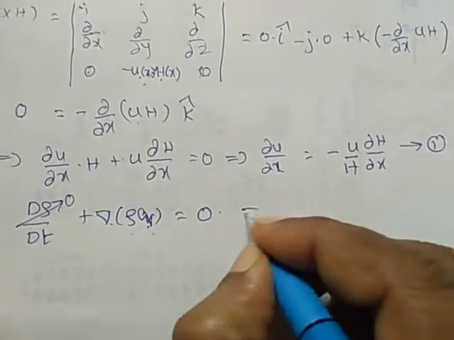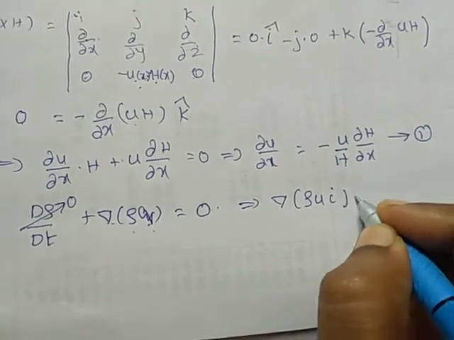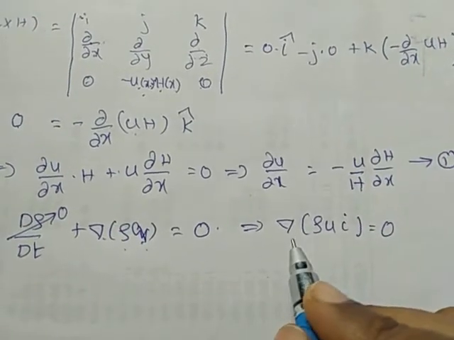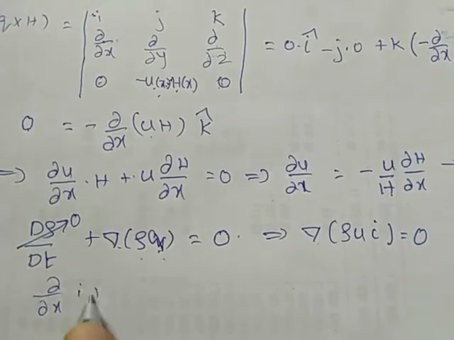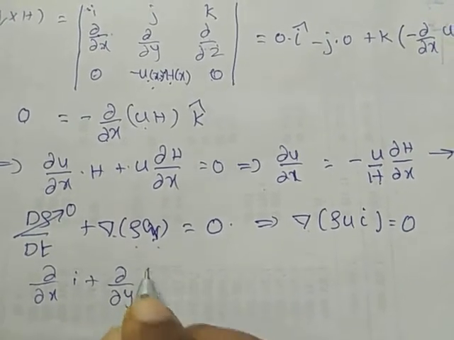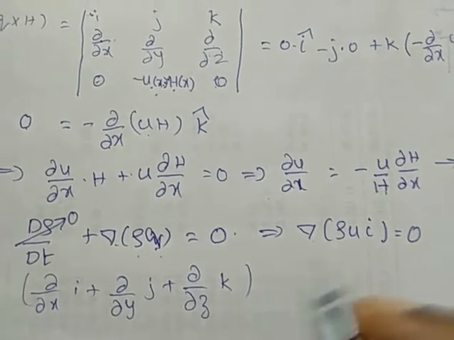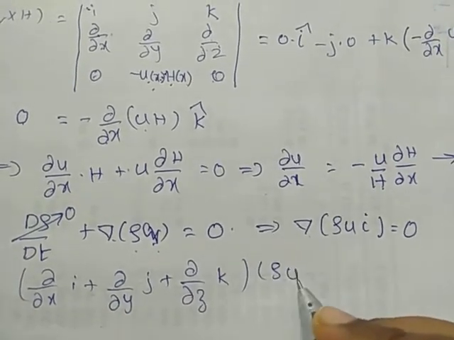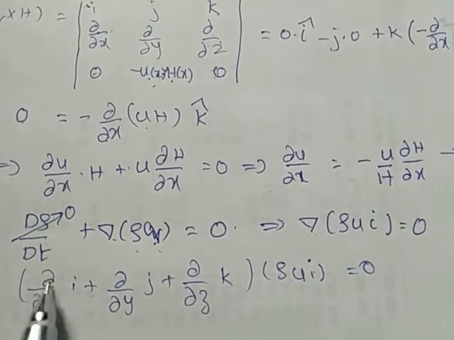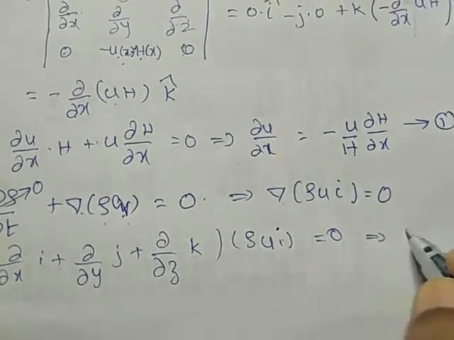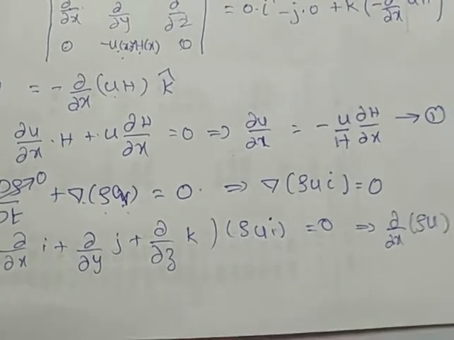So we have del of rho u i, which is the divergence with dou by dou x i plus dou by dou y j plus dou by dou z k acting on rho u i. Only the i term is there, which implies dou by dou x of rho u equal to 0.